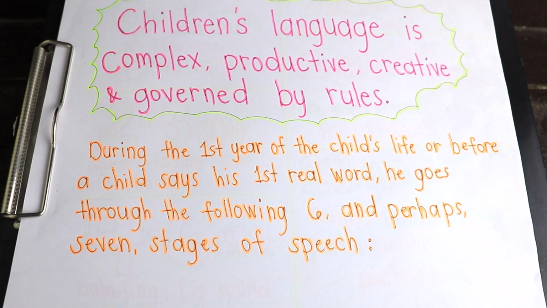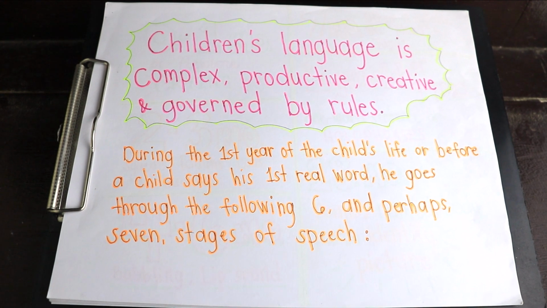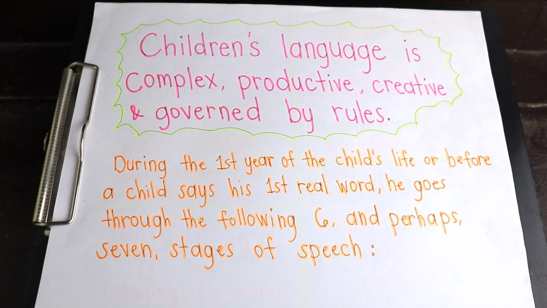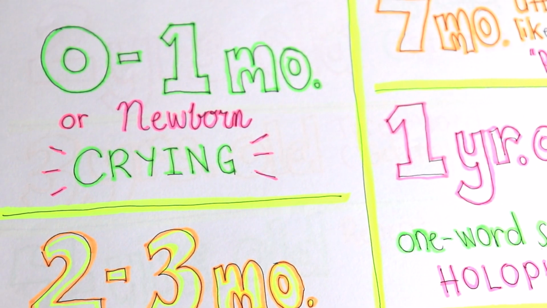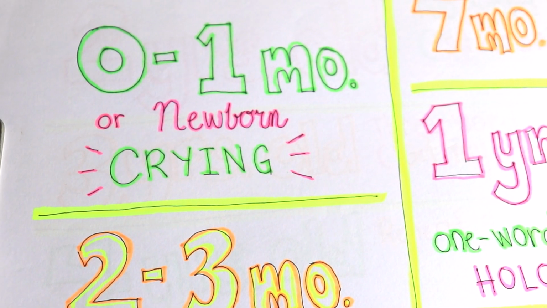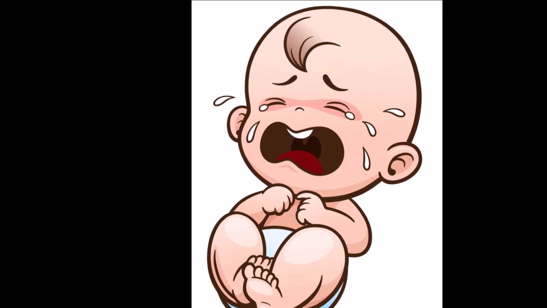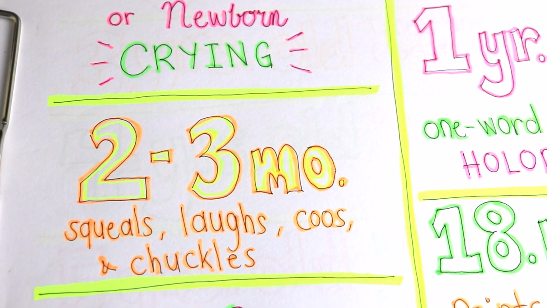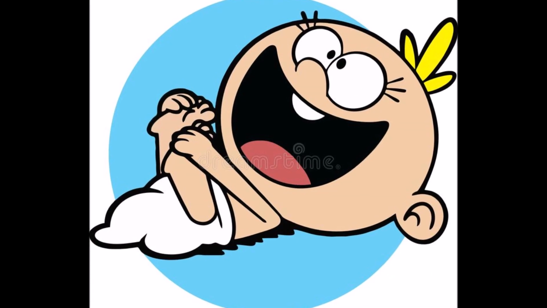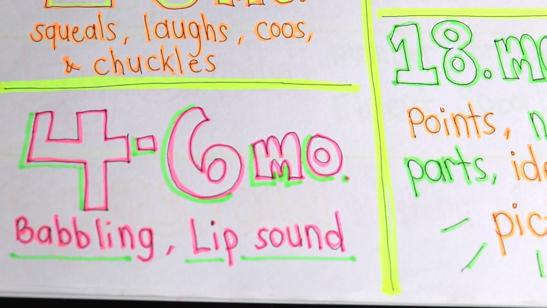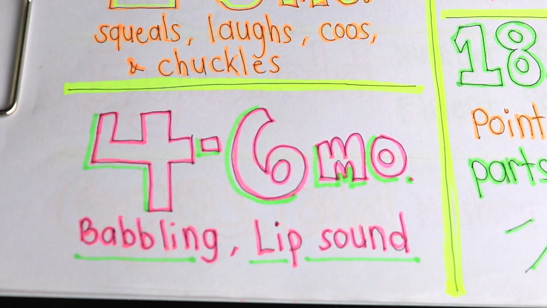During the first year of the child's life, or before a child says his first real word, he goes through the following 6 and perhaps 7 stages of speech. 0 to 1 month, or newborn babies, typically are crying. 2 to 3 months, they squeal, laugh, coo, and chuckle. 4 to 6 months, they are babbling and lip sounds are heard.